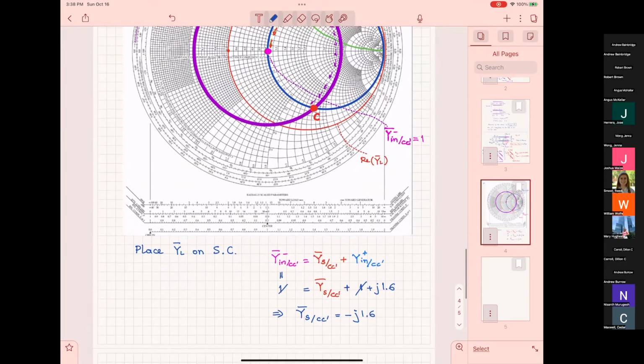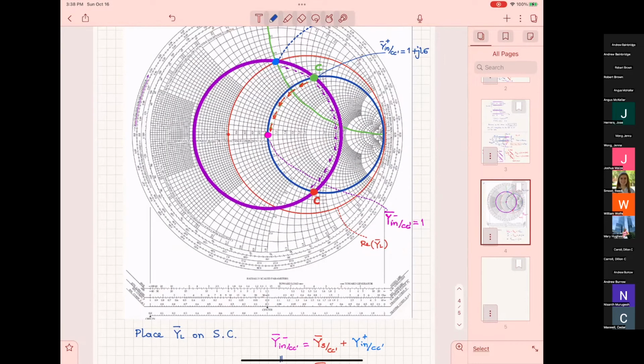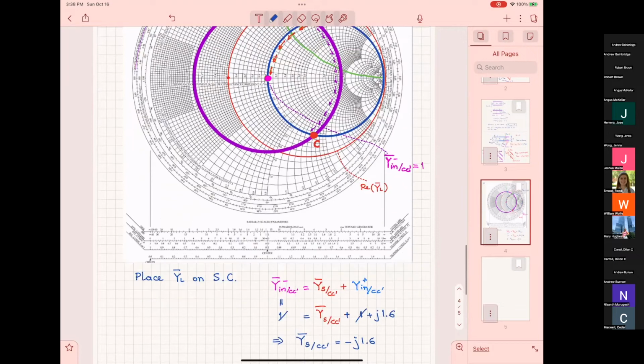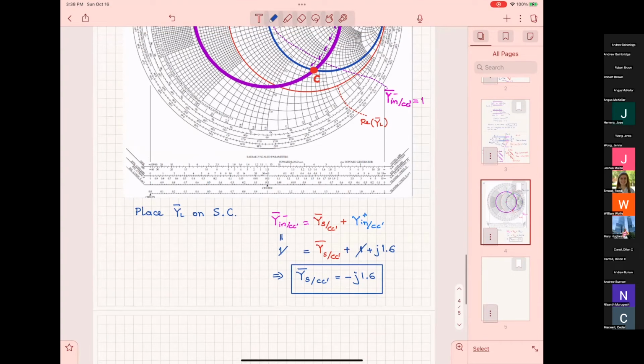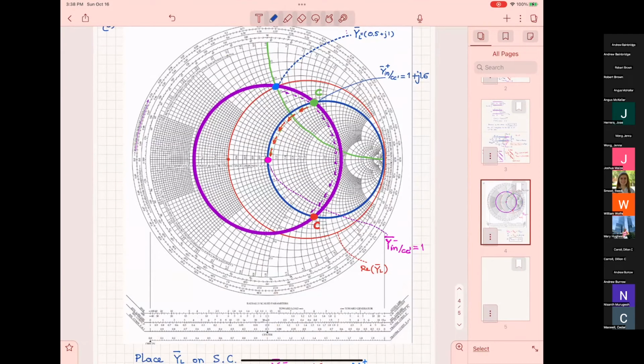See, that's where d, the length of the stub, comes in when you move from C to the center of the chart, from green C to the center of the chart, which is the pink. All right, so now from that, I found this relationship. Okay, well, how good is that going to do for me?